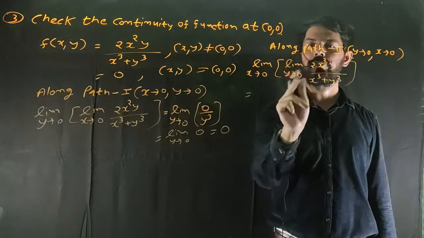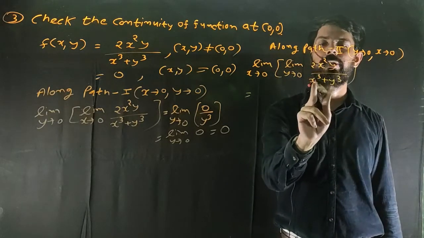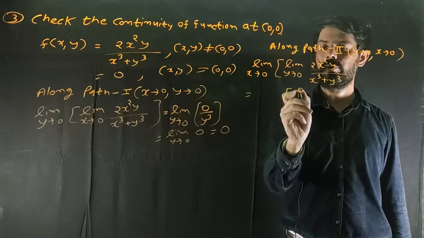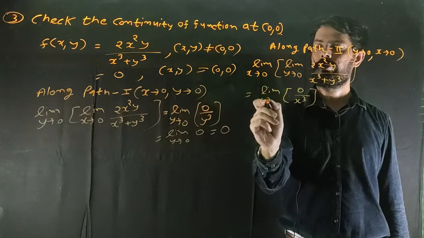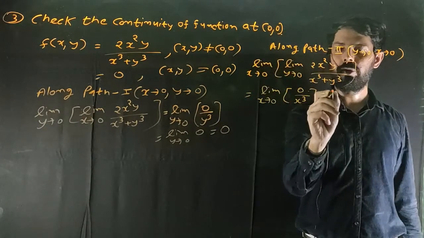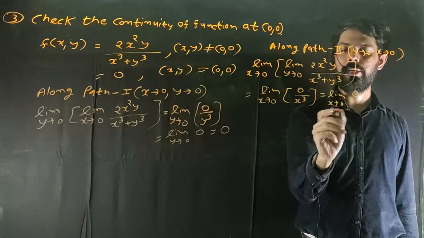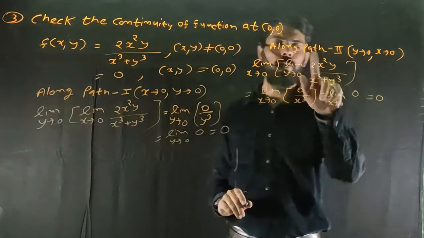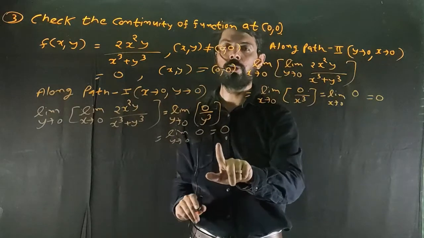So here if we replace y by 0, then numerator will become 0, and in the denominator there will be x cube plus 0, so it will be x cube. So this will be 0 divided by x cube, limit x tends to 0. If we simplify this, then it will be 0. So limit along path 2 is 0, and limit along path 1 is also 0.